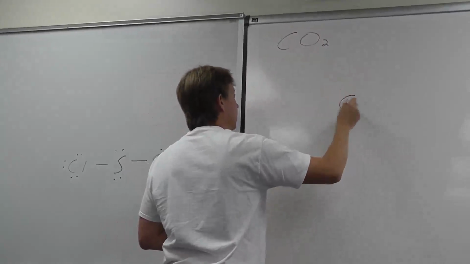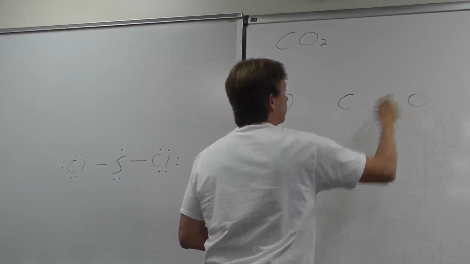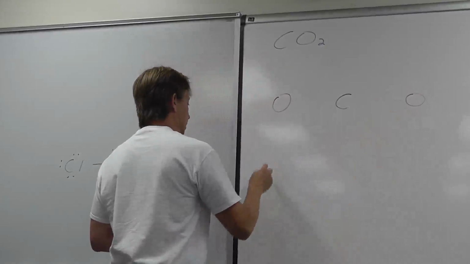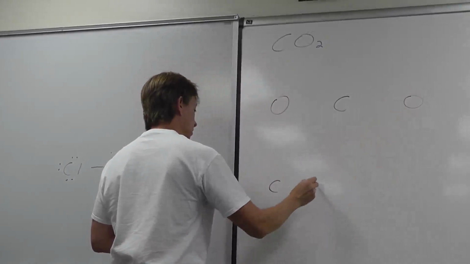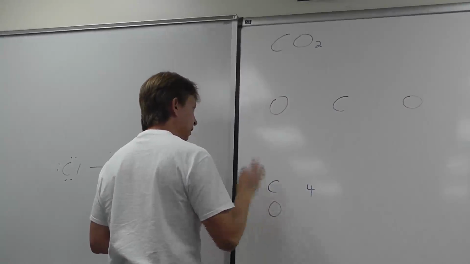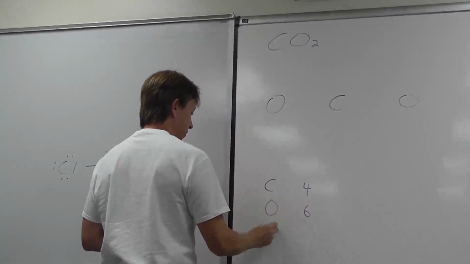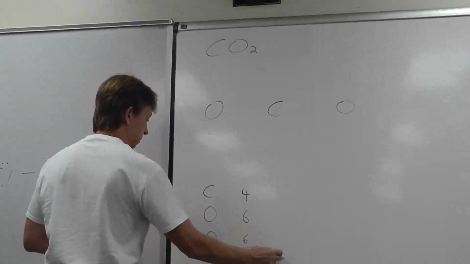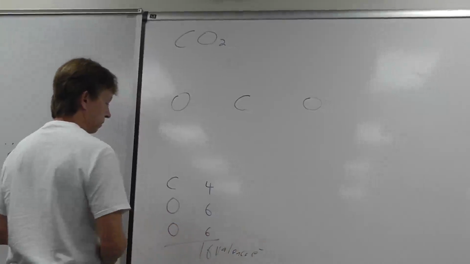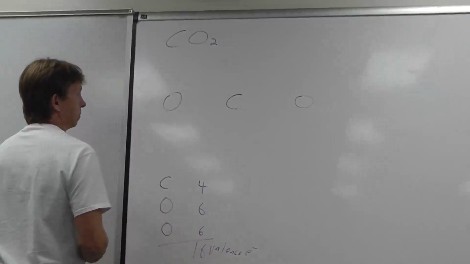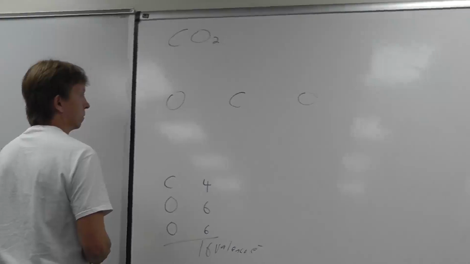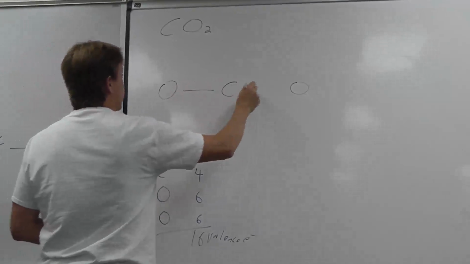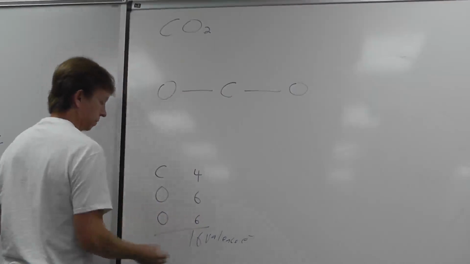Least electronegative atom goes in the center. Tabulating the valence electrons that are to be accounted for in the structure. Connecting the oxygens into the central carbon.